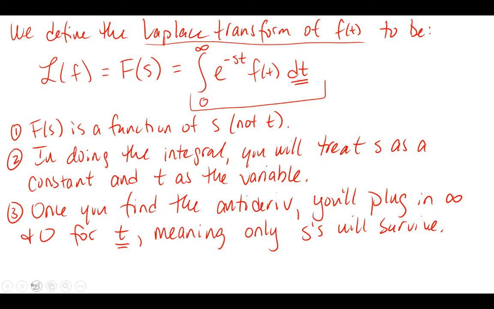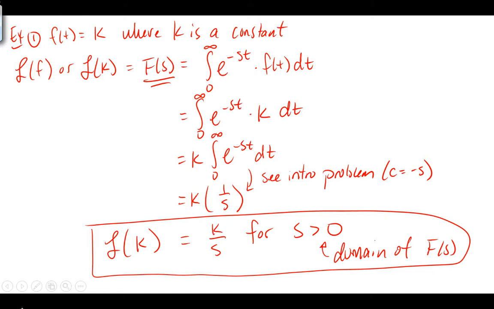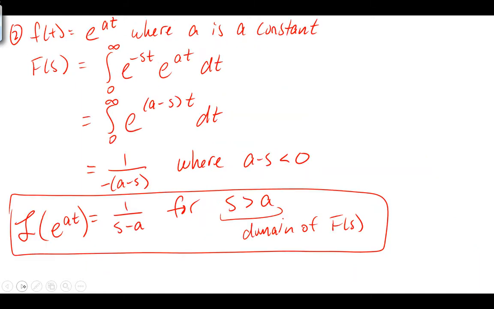Okay, so in the last video we did a couple simple examples. We did this one, how to do a constant. We did how to do e, the exponential function, because that's a famous function that we encounter quite often, so we know how to do the transform of that.